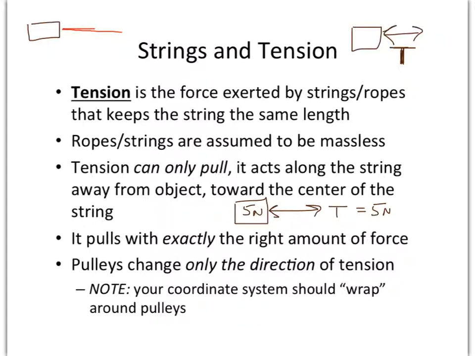If you applied a 5 newton force to the end of a rope, but somehow the rope was able to apply 6 newtons to the end right here, first of all, I can't even picture that in my head, but you'd be somehow getting work, you'd be getting force out of nothing. All right. So the idea with the exactly right amount of force is whatever tension you apply to the end of a rope, that tension is the same all through the rope down to whatever object you're applying.